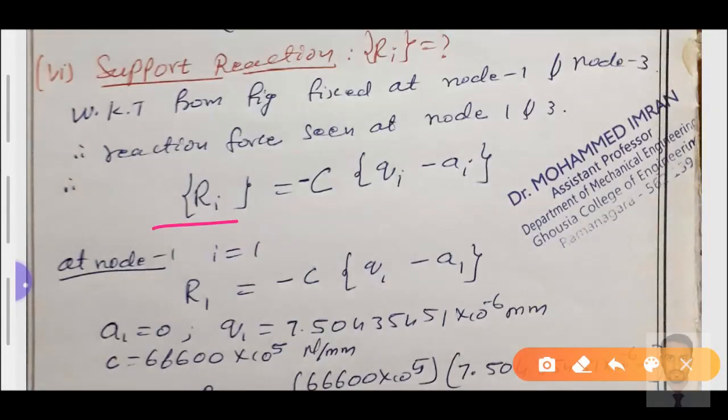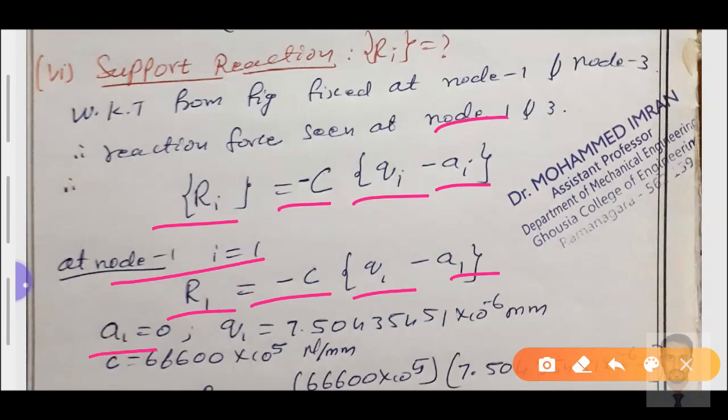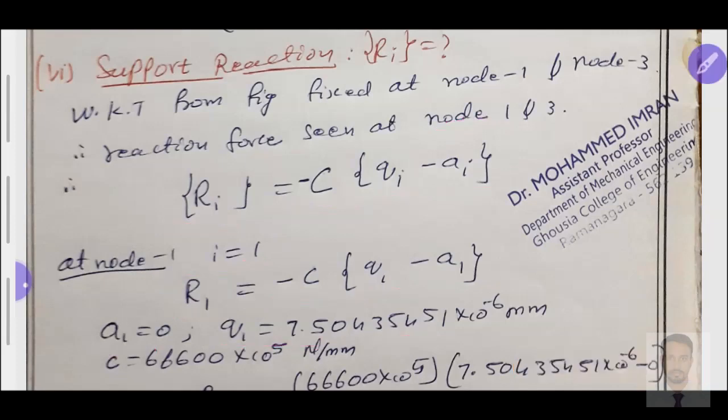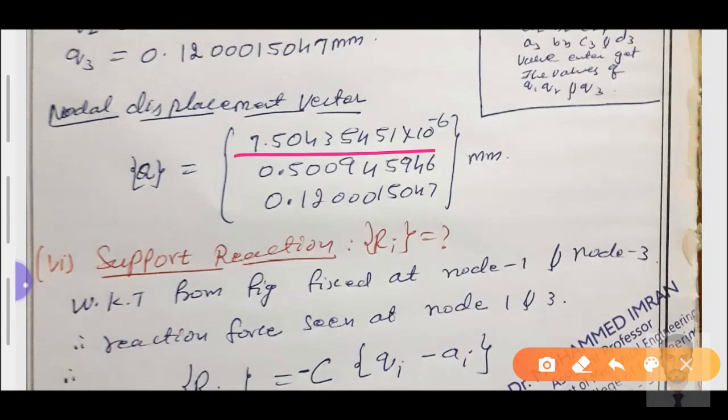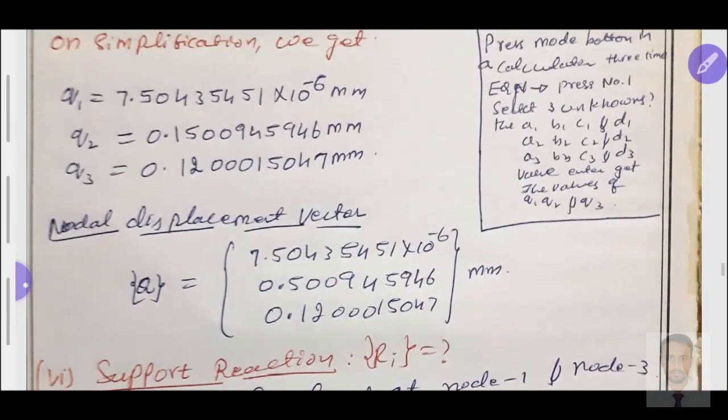So we have Ri equals minus C q_i A_i, the general equation. You remember this equation. After that, take node number 1, i equals 1. Then we get R1 minus C1 Q1 A1 equals 0. Q1 we have calculated, the value we just got.